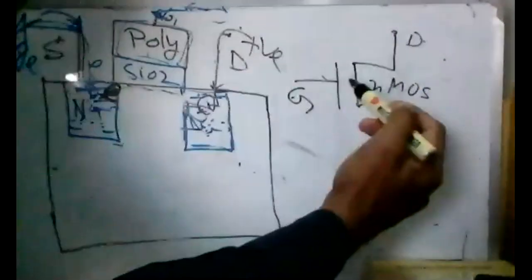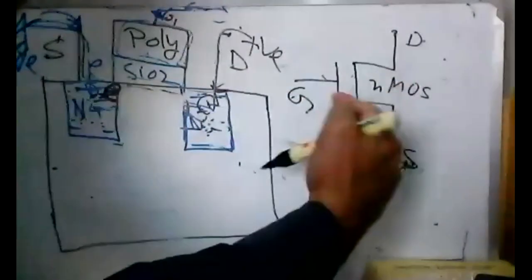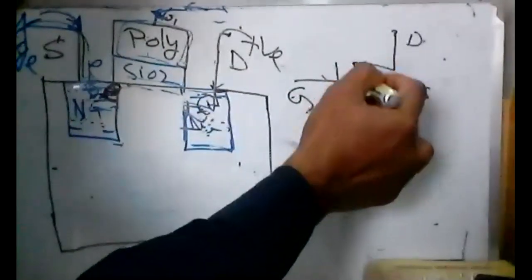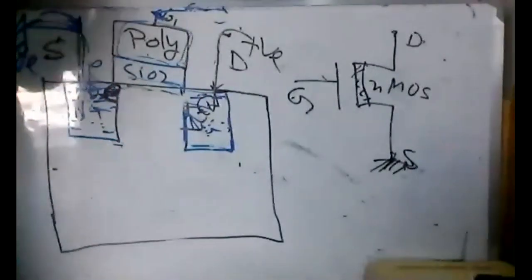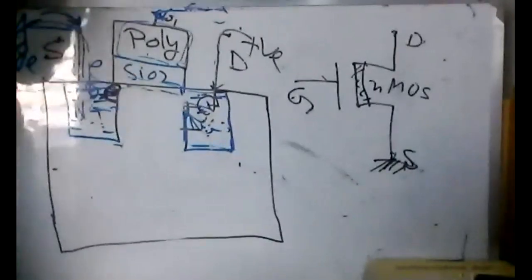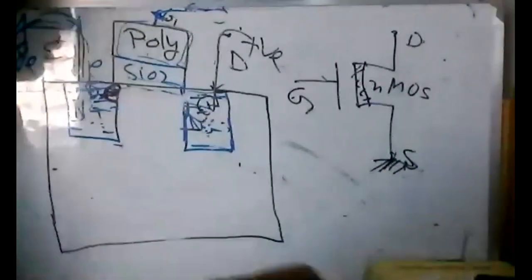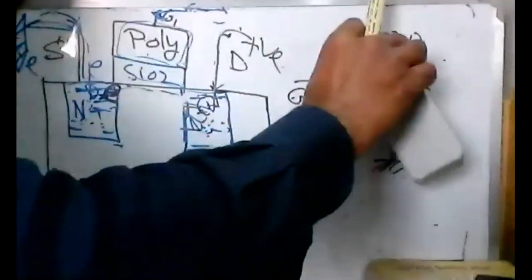Right? So if we put a positive voltage here, a channel will be formed. If we don't put any voltage, there will be no channel, no current, and the transistor is off. Now we are concluding.